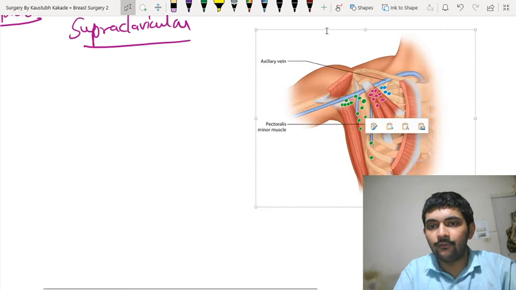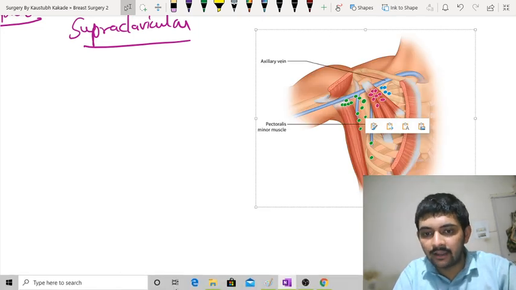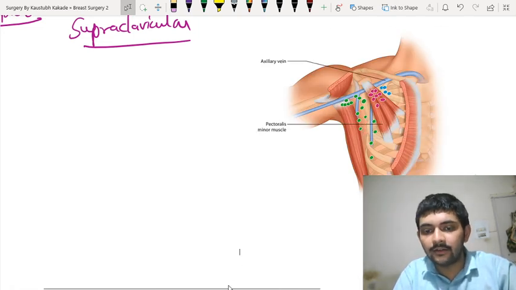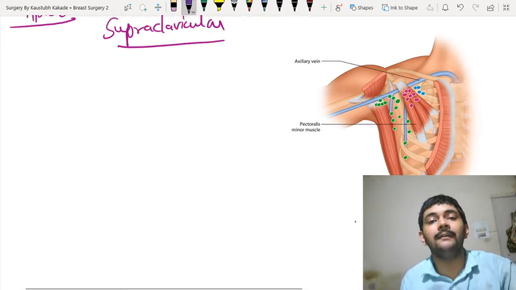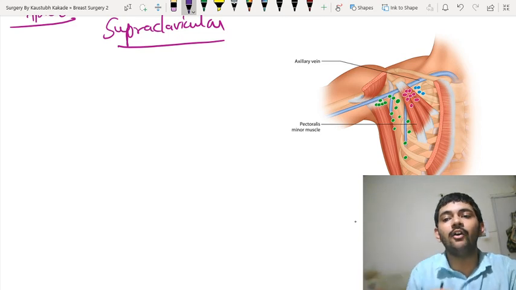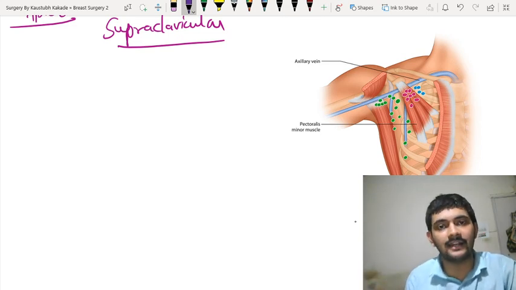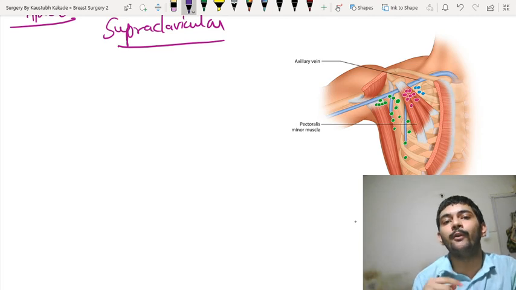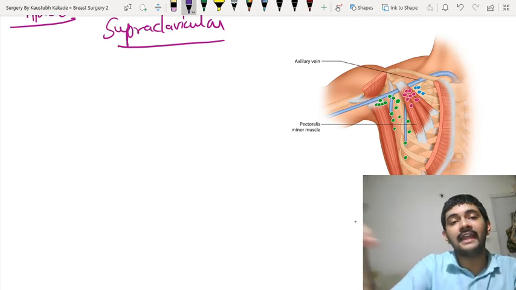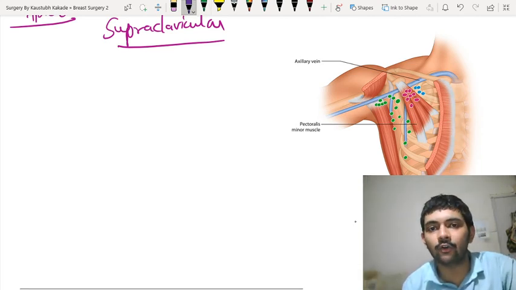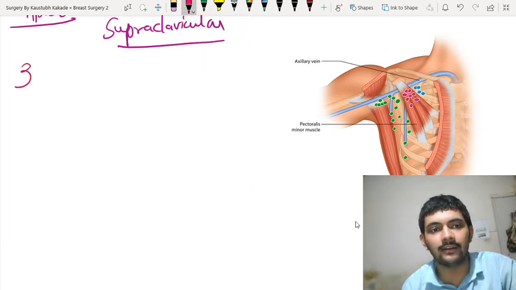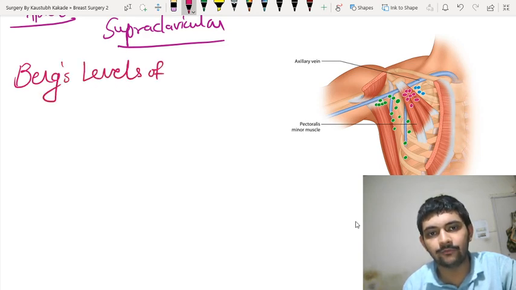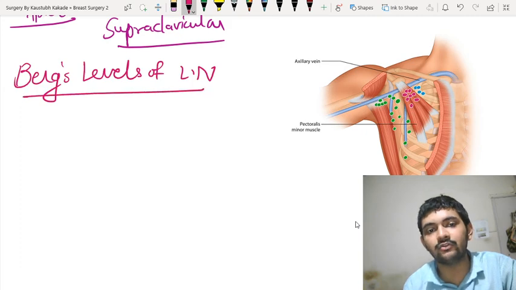Okay. So now let's look at this image and try to identify the different levels that we have divided. Depending upon the staging of the flow of lymphatics, that is from the breast to a specific group of lymph nodes, and from those to the next group of lymph nodes, that is what we call the Berg's levels of lymph nodes.